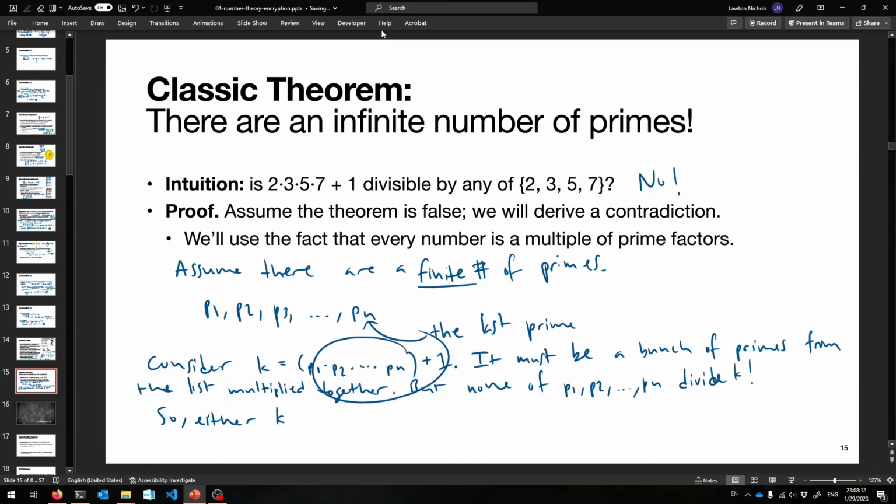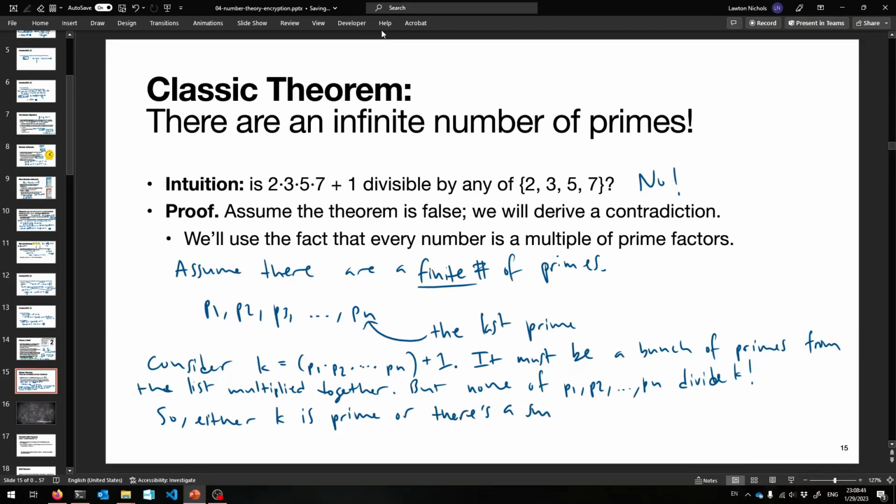If we have no prime factors from our list, then either k itself is prime, a brand new prime number, because that's what it means if it has no factors, or there's some prime on the list that would have divided this that we forgot about. Either k is prime or there's a smaller prime we forgot to list. Those are your only two possibilities, right, if you think about it long enough.